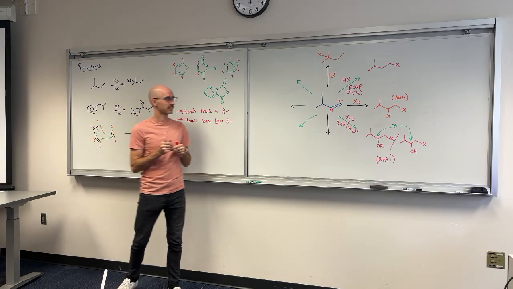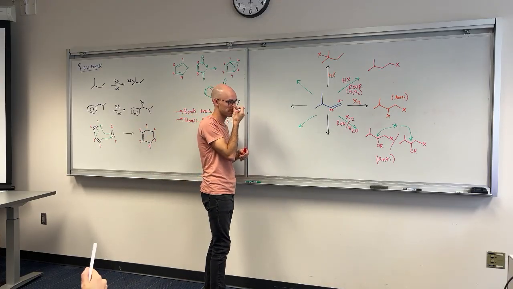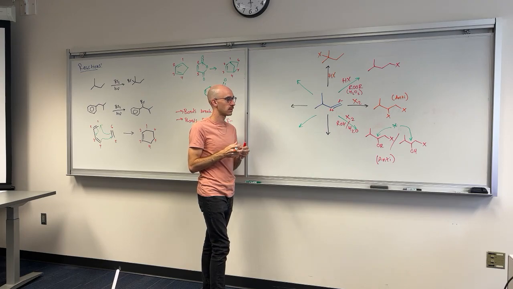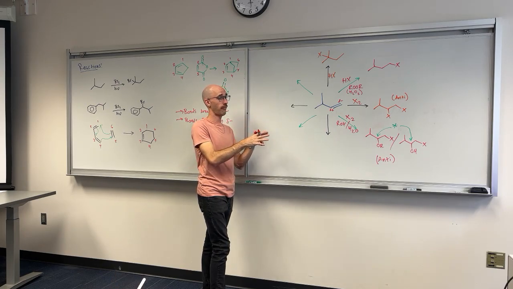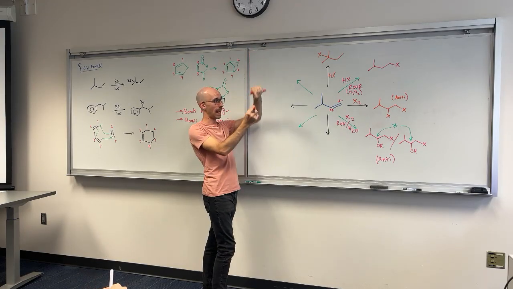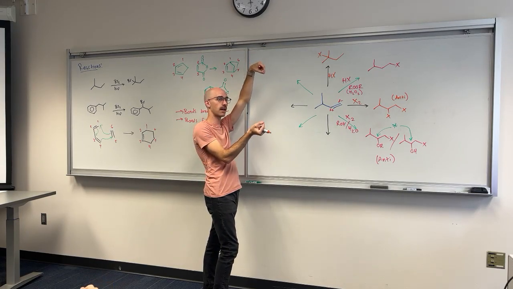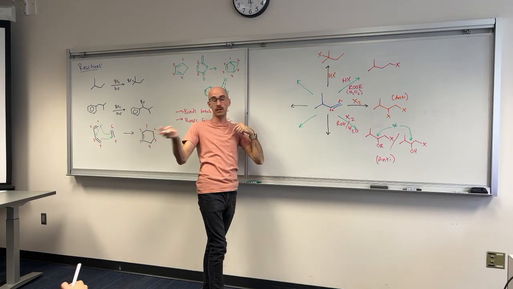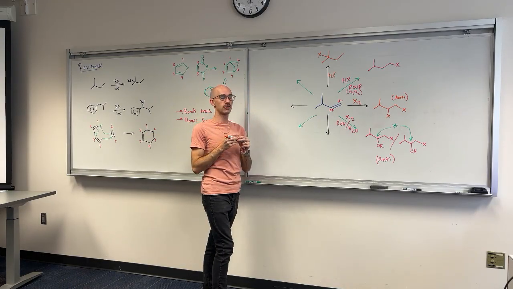When they form opposite of each other, one adds to the top face of the alkene, the other to the bottom face. Then they can rotate through a conformation to the lowest energy conformation.